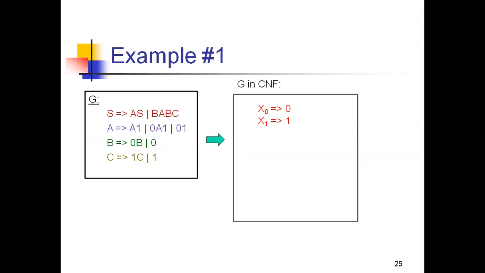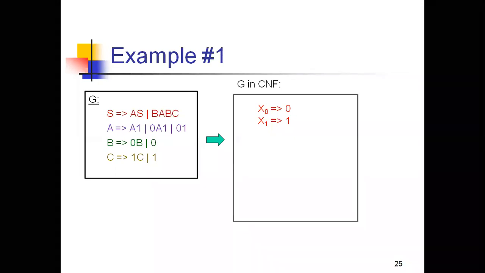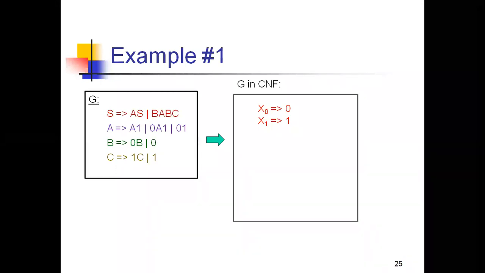Please make a note of this example. My input is a context free grammar, right? My grammar is G. G consists of the productions S tends to AS or BABC.